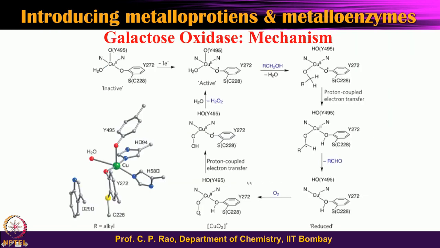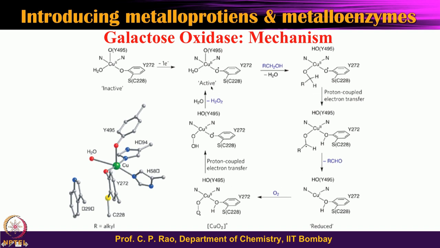The reoxidation is taking place by external O2, and this O2 will bind to the copper, because copper is in the copper 1 state, which is very hungry to take the oxygen, and takes up the oxygen and transfers an electron, then it becomes copper 2. Okay. And then again proton coupled electron transfer, and the radical goes back to the cofactor, and that will give the H2O2. So, OOH and 1 more proton, H2O2. So, that will give the active form.